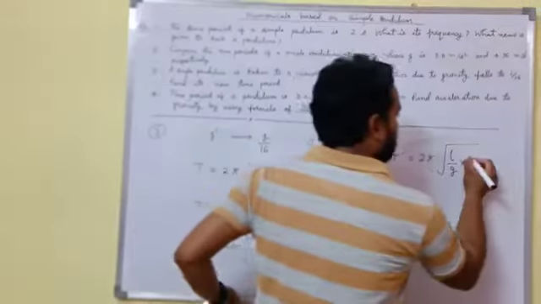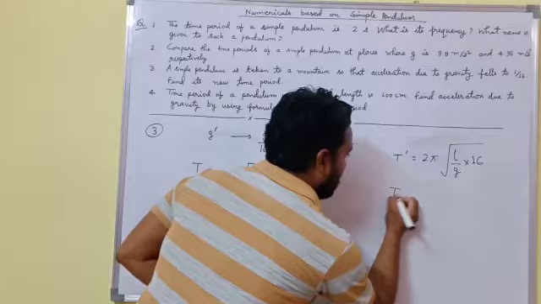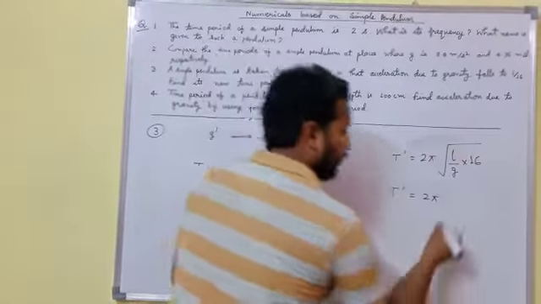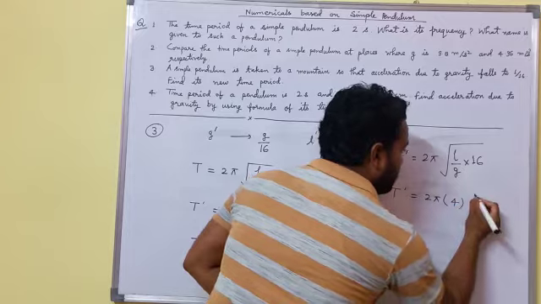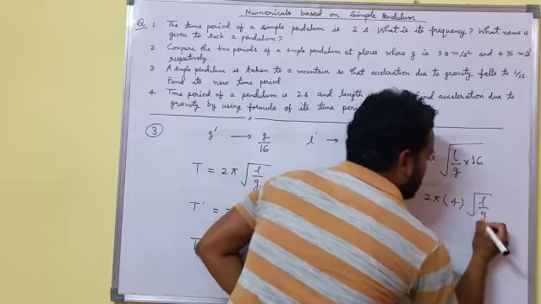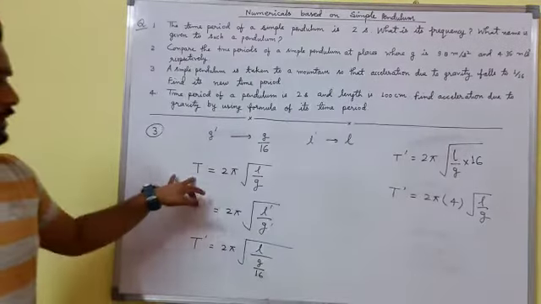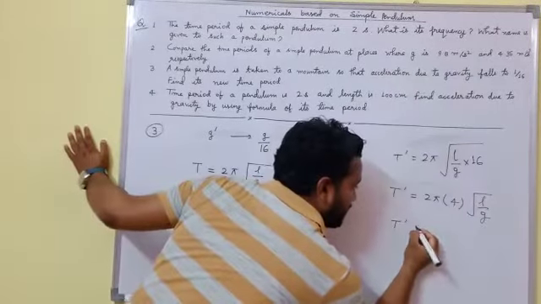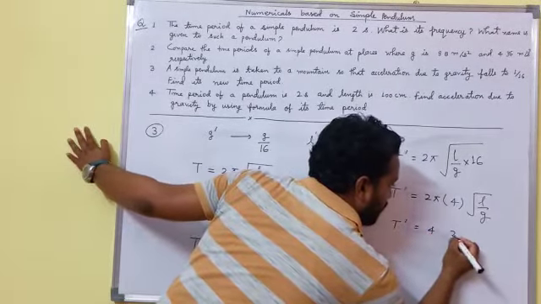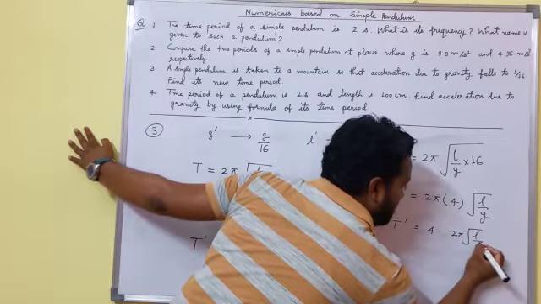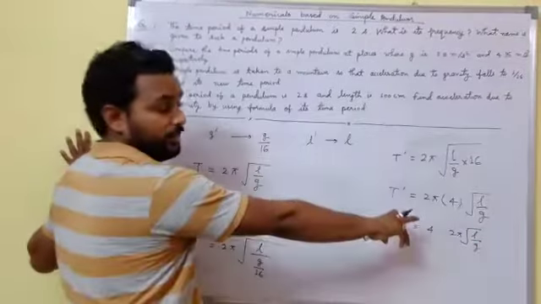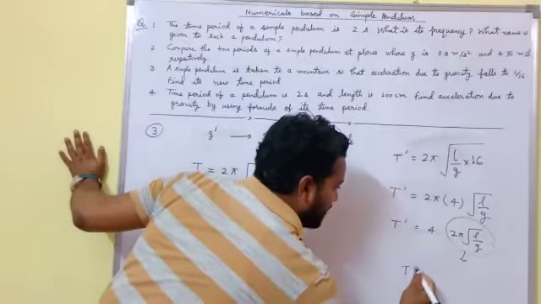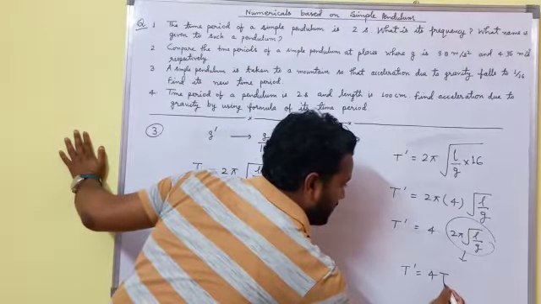The square root of 16 is 4, so 4 root L by g. We have the relation T equals 2 pi root L by g, so we can write T dash equals 4 into 2 pi root L by g, and this 2 pi root L by g is T. So T dash equals 4T.